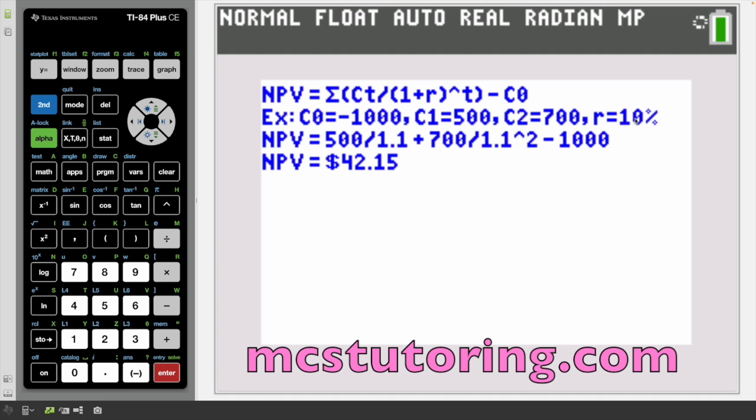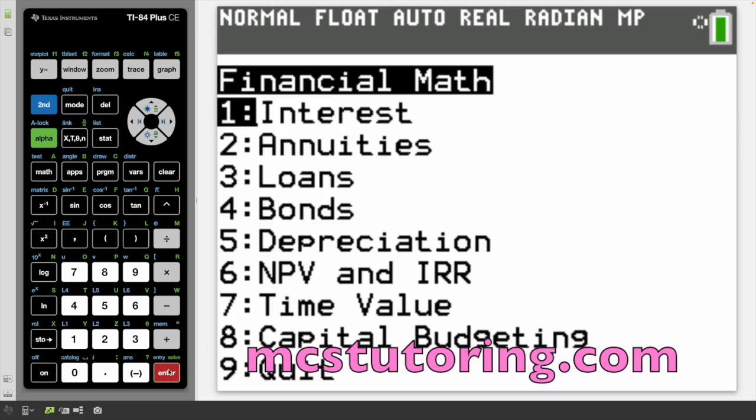R is 10%. So it looks like the net present value is 500 divided by 1.1 plus 700 divided by 1.1 squared. Oh my gosh, I misread that. So you have your C values and go on and on and on, minus your C sub O. So yeah, you go C3, C4, etc. So net present value is $42.15.